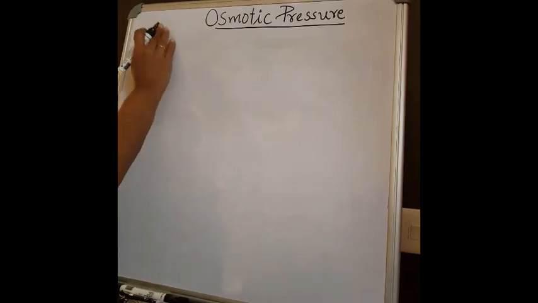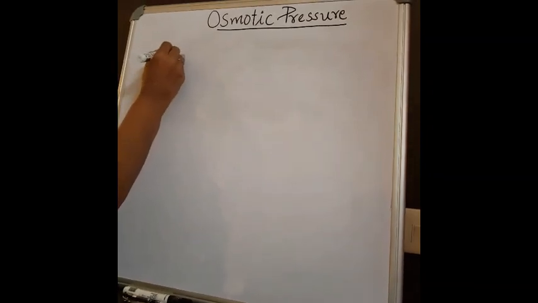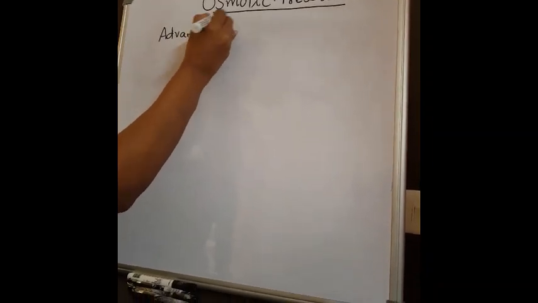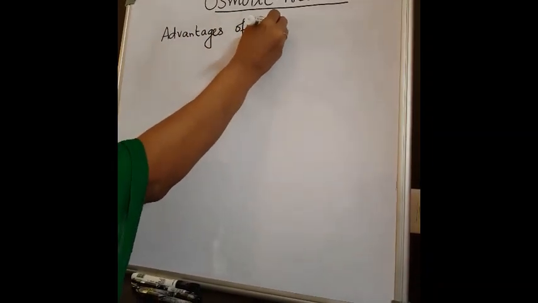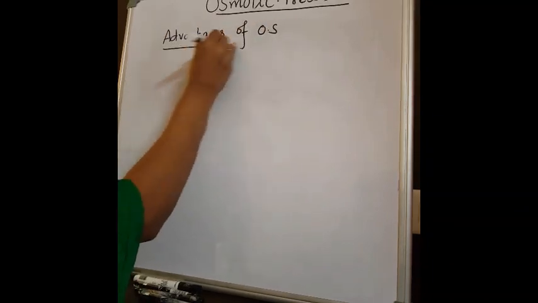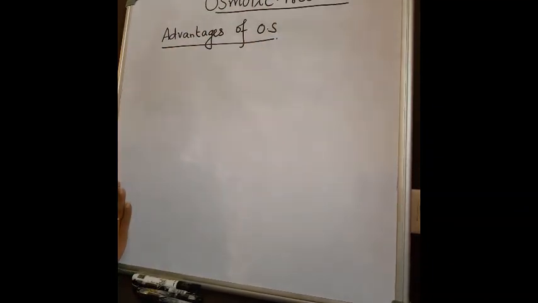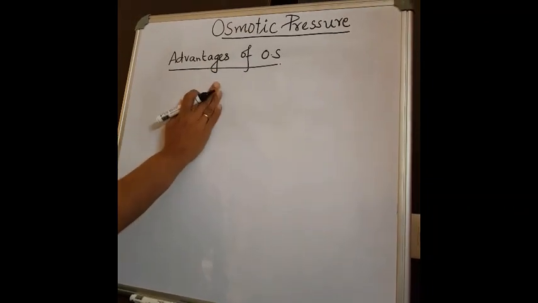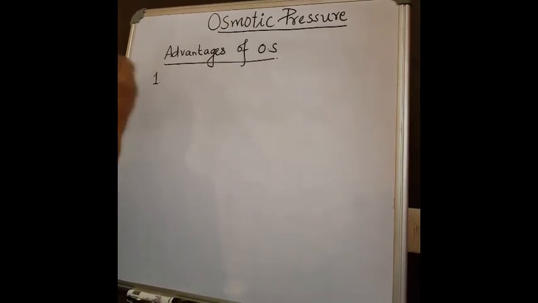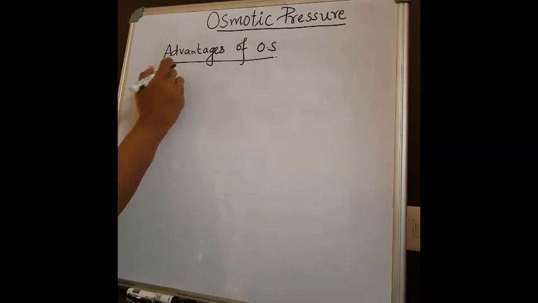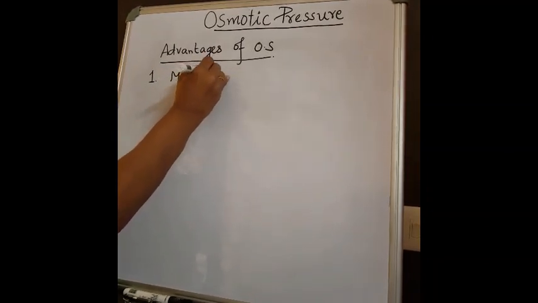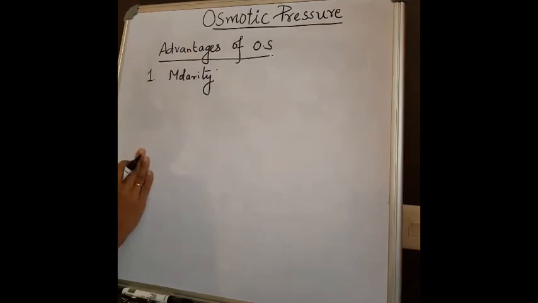Now, we will see some of the advantages of the osmotic pressure method compared to the other three colligative properties. What are the advantages of using this osmotic pressure method? The first advantage is, as you know, we use molarity instead of molality, correct?